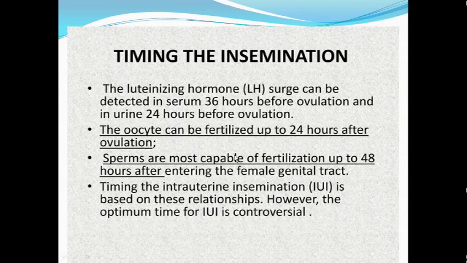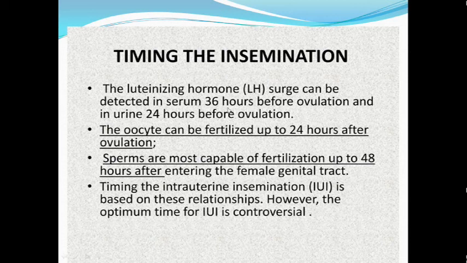Timing. Luteinizing hormone surge can be detected in serum 36 hours before ovulation, in urine 24 hours before ovulation. Oocyte can be fertilized up to 24 hours after ovulation. Sperm is most capable of fertilization up to 48 hours after entering the female genital tract. So timing of IUI is based on these relationships.